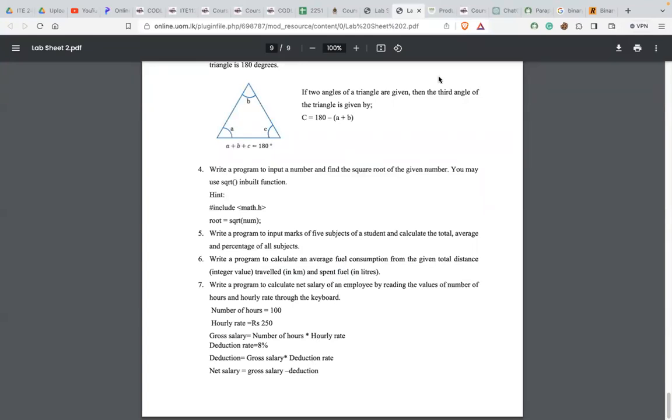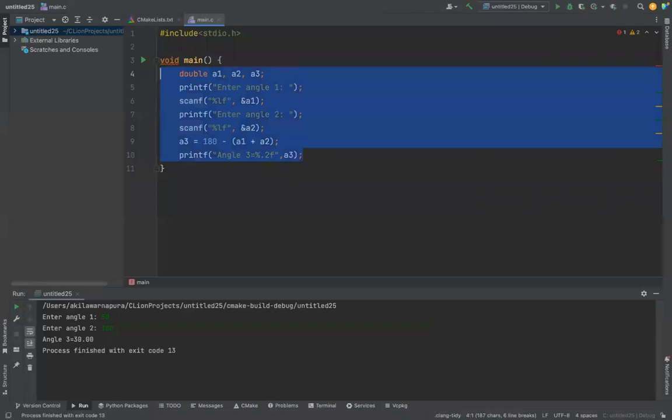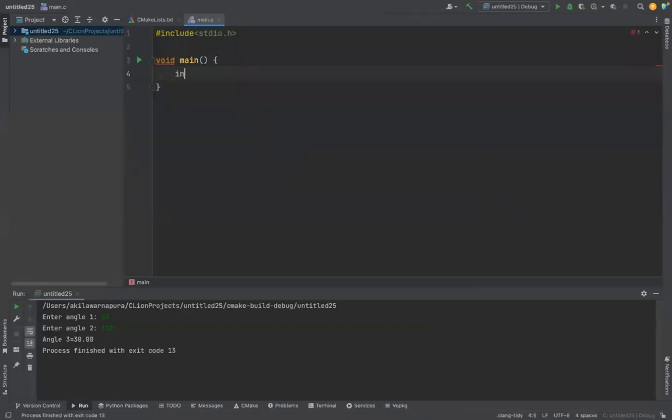In such a situation, you can get the integer value, and the fuel consumption, that means how much fuel was spent, you can also take as an integer, but after you divide, you need to convert it to float. So you may ask the user to enter the values, let's say int kilometers and liters.